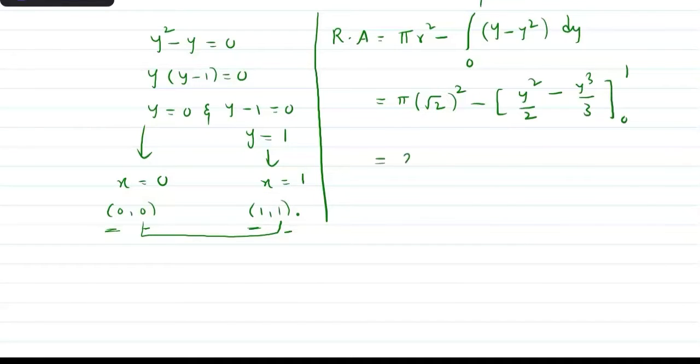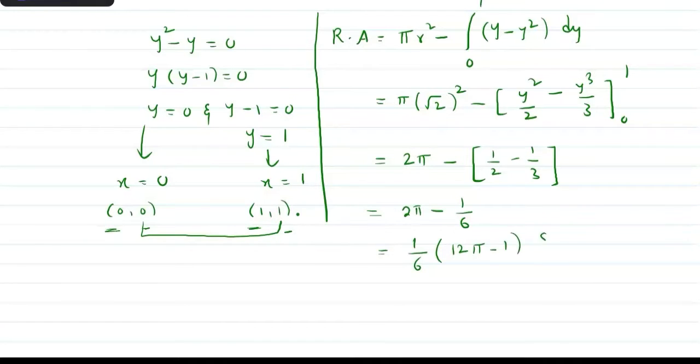So this is equal to 2 pi, because root and square get cancelled, minus, if you substitute the upper limit you will get 1 by 2 minus 1 by 3. If you substitute the lower limit 0, you will get 0, no need to write that value. That is equal to 2 pi minus, 3 ones are 3, 2 ones are 2, 3 minus 2, 1 by 6. Now if you take 1 by 6 common, that is equal to (12 pi minus 1) by 6 square units. This will be the answer.